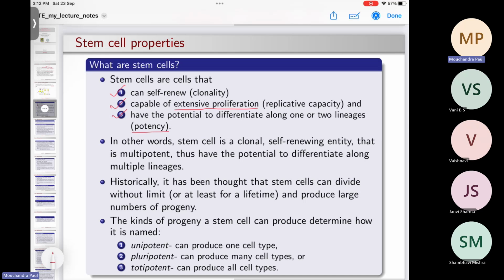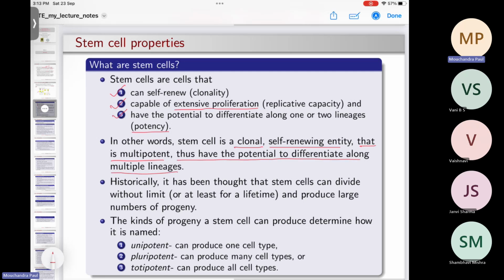Or it can be totipotent, means it can differentiate along all the known lineages in our body, and create all types of cells in our body. So if I were to explain this in other words, a stem cell is a clonal, self-renewing entity that is multipotent, means it has the potential to differentiate along multiple lineages.